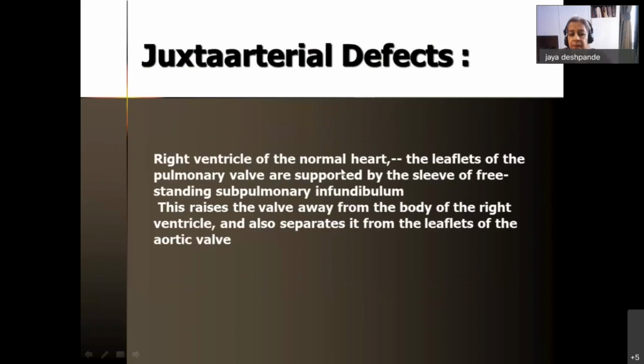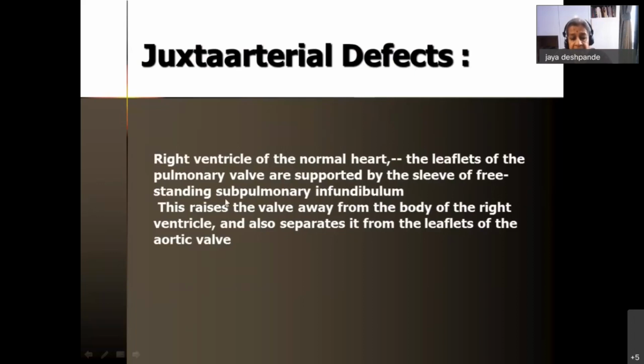Now, if you look at a normal heart, the pulmonary valve is supported by a sleeve of subpulmonary infundibulum. This is totally muscular. In contrast, the aortic valve is supported by a ridge of tissue which is partly muscular and partly fibrous.